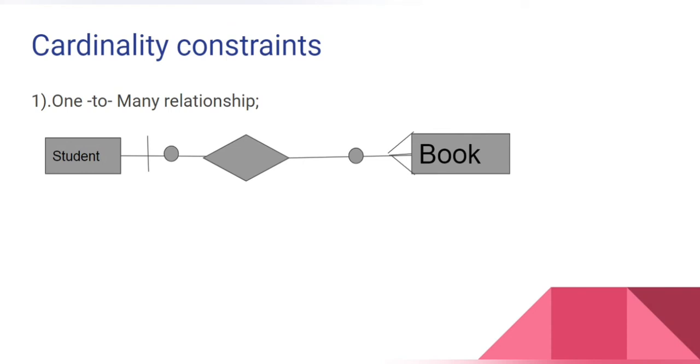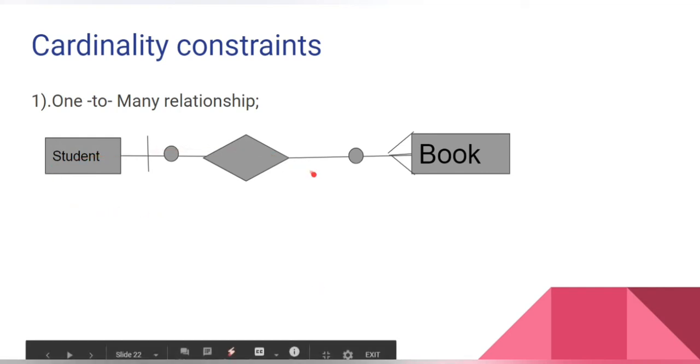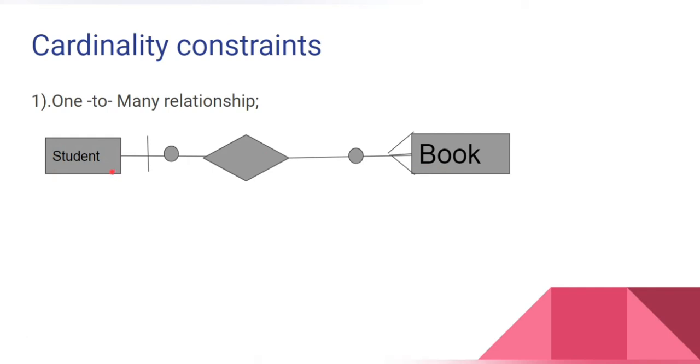For example, if I consider the previous library example, we have a student and a book. A student can be assigned to 0 books or many books. So one student can get 0 books or many books. I repeat, the student can borrow 0 books or many books, and one book is assigned to 0 students or only one student.